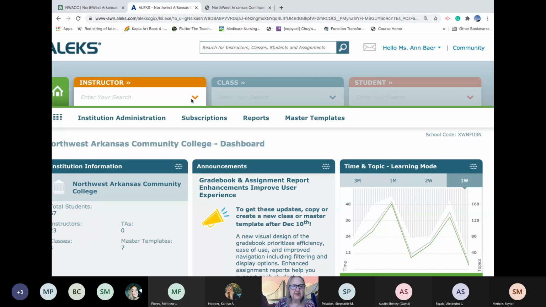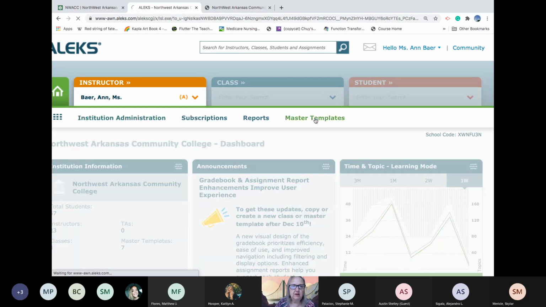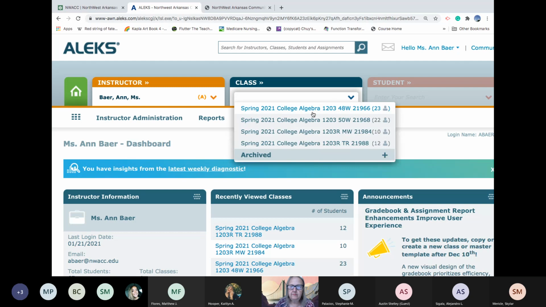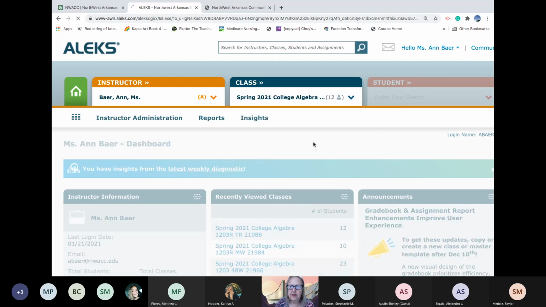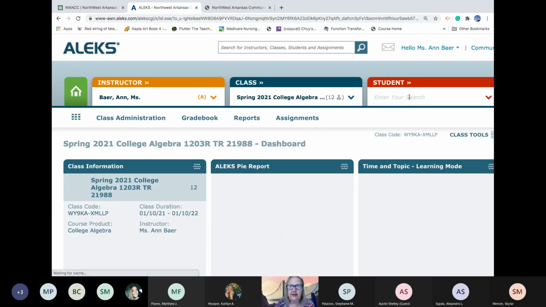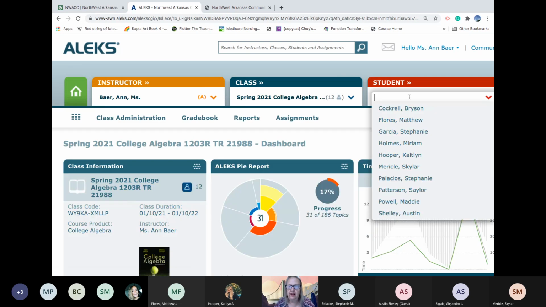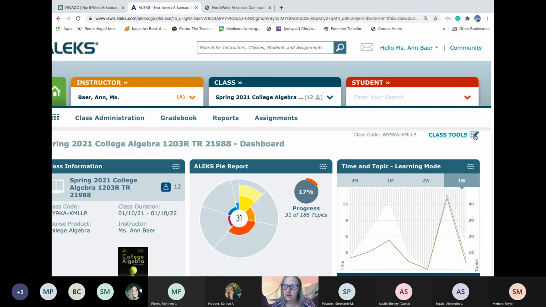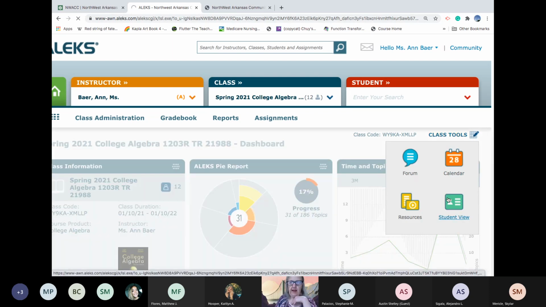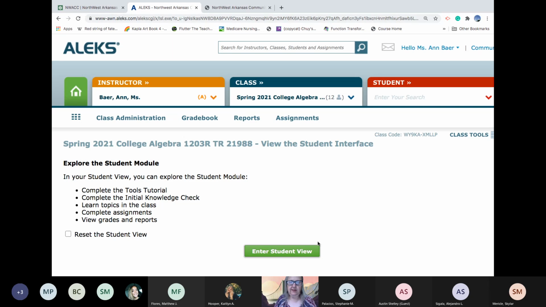I want to look in ALEKS and see here. We're the Tuesday, Thursday class. If you are not yet in ALEKS, you definitely want to get into ALEKS. I think everybody's in this class, it looks like. So I want to go to the student view and look at today's objective.